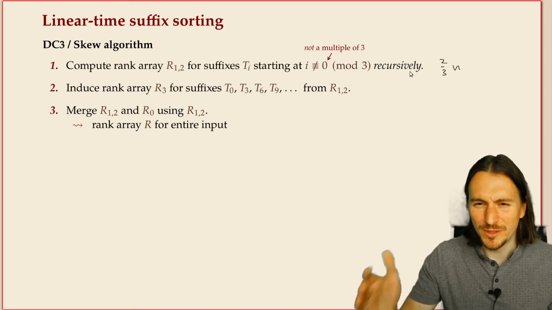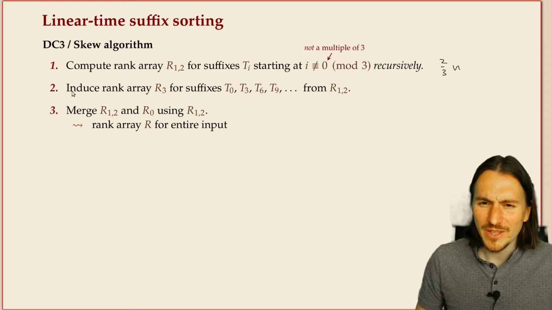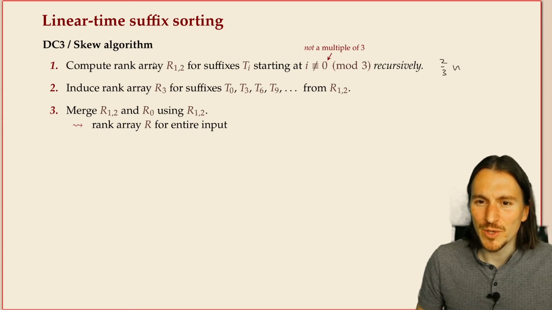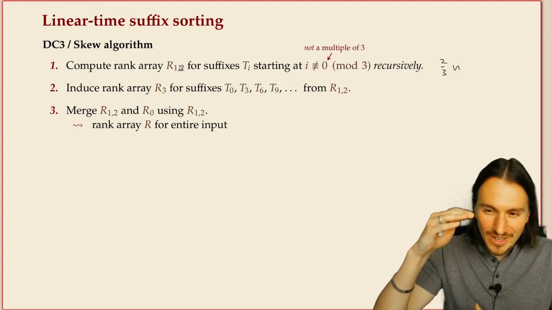How long that takes will depend on the other algorithm because it's recursive. We will see that eventually it is linear time, but that only follows at the end. The second step is, given that we know these ranks, we induce the ranks for the remaining suffixes. In both cases, because we recursively call here, these ranks are only internal.